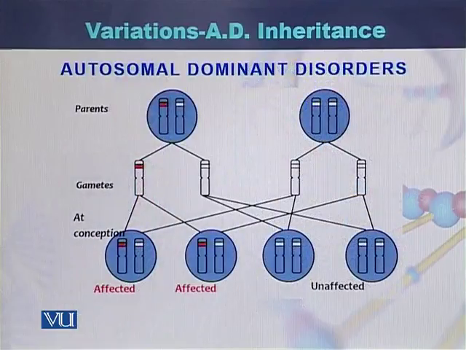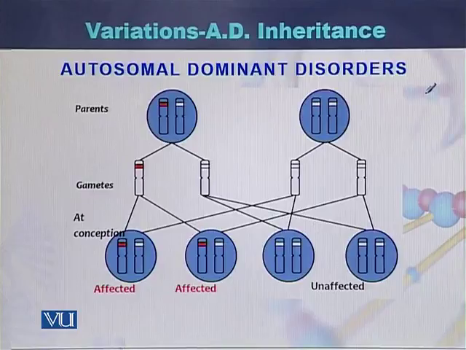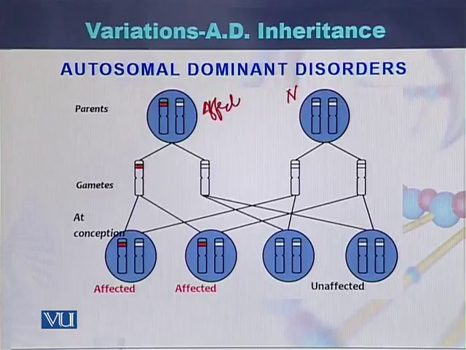In this case, we can see the inheritance pattern, how autosomal dominant diseases are inherited from the parents to the offspring. In a cross between two parents, one parent is normal while the second parent is affected. This parent is affected because this parent has one mutated allele. So this allele is mutated.